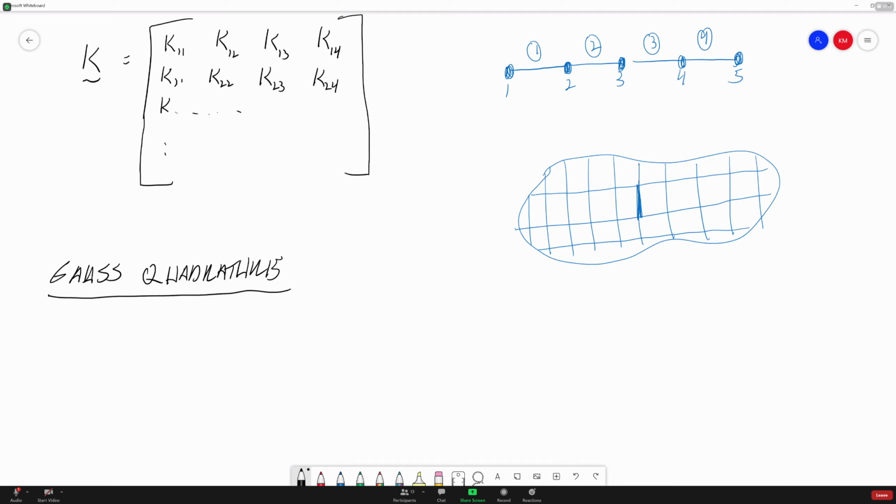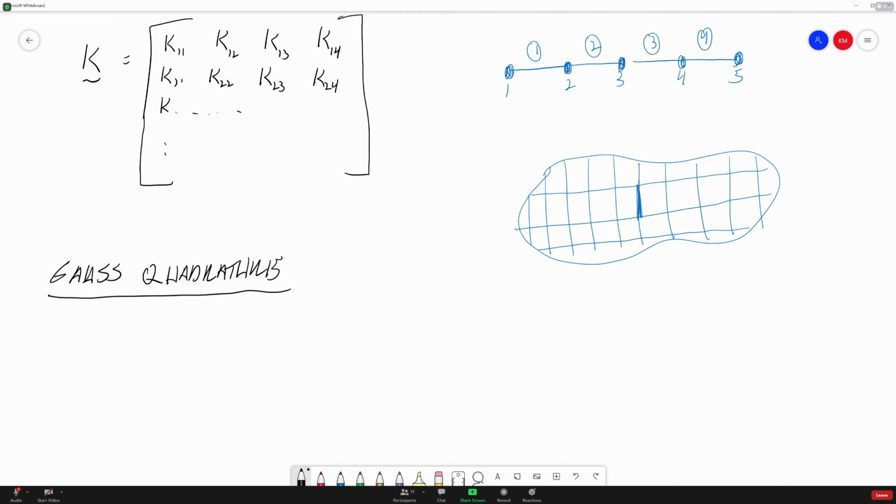It is the most common method for taking this problem that I showed you above and solving it with a computer. So the examples that we're going to be walking through are the application of the Gauss quadrature for solving this.